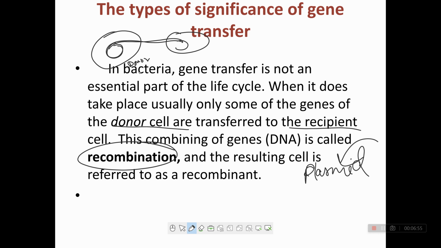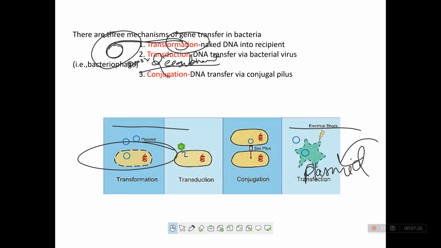When the gene combines with the recipient cell, this process is known as recombination, and the resulting cell is referred to as a recombinant. Understand?